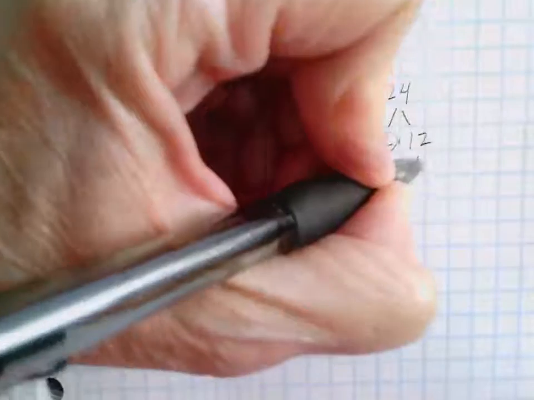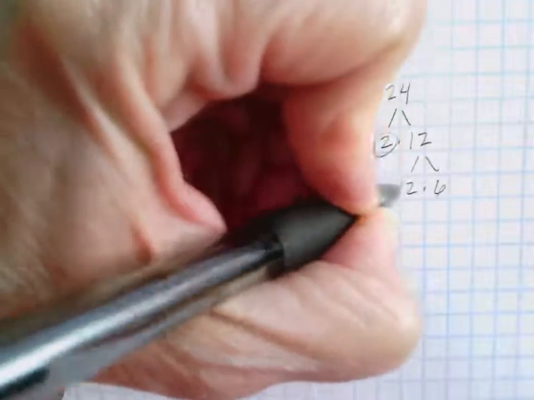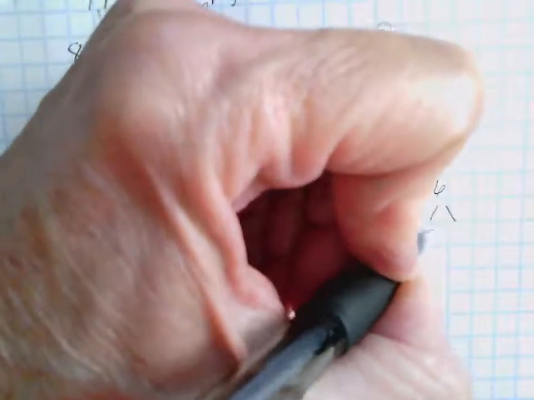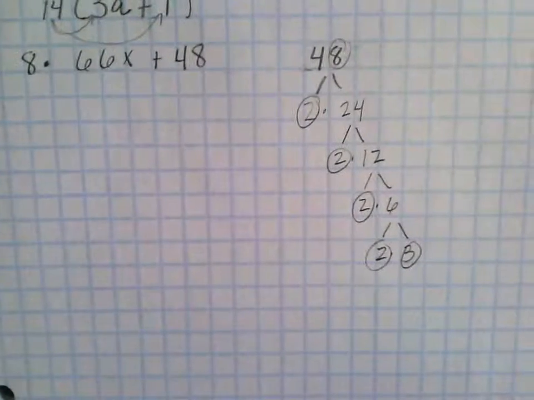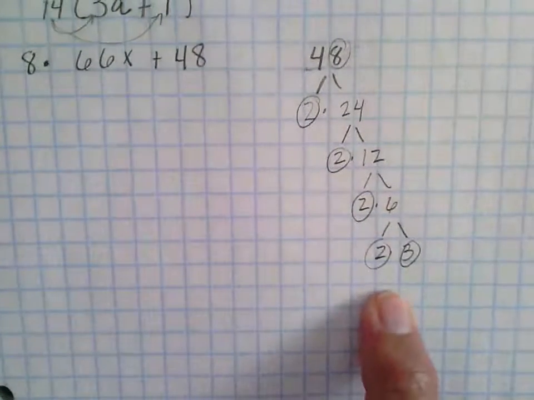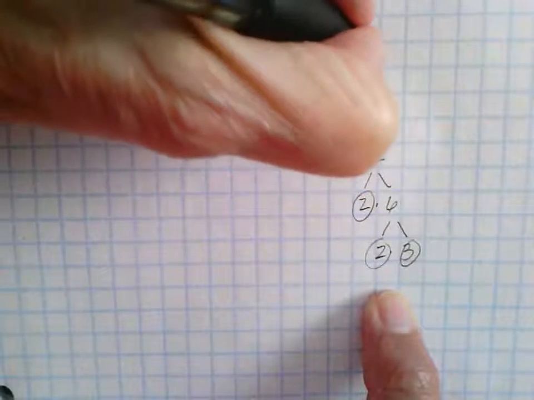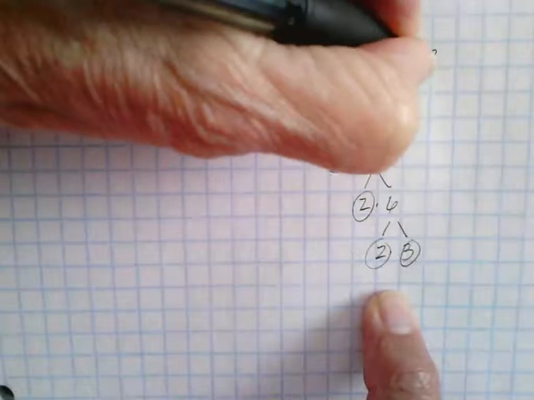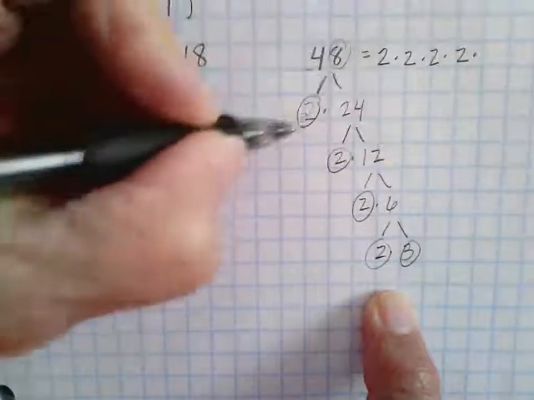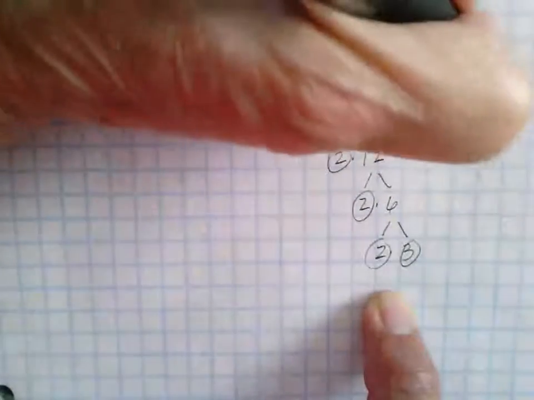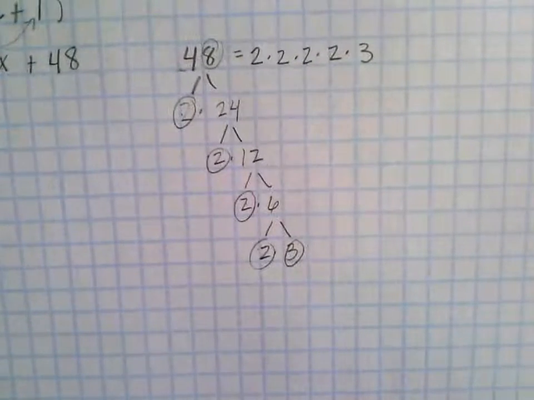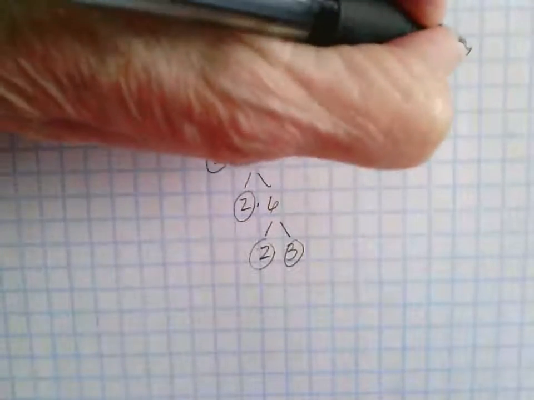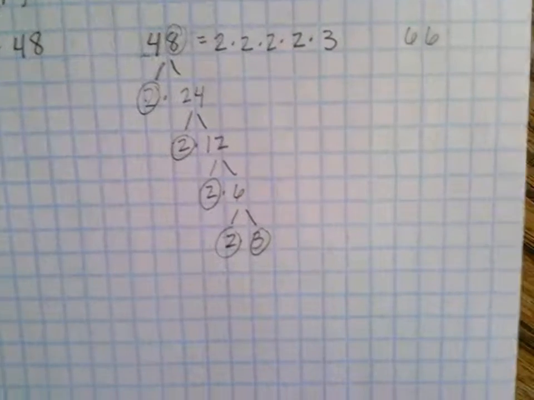There's 12. So those are my factors of 48. 2 times 2 times 2 times 2 times 3. So now I can check 66 if I'm uncertain of those factors.